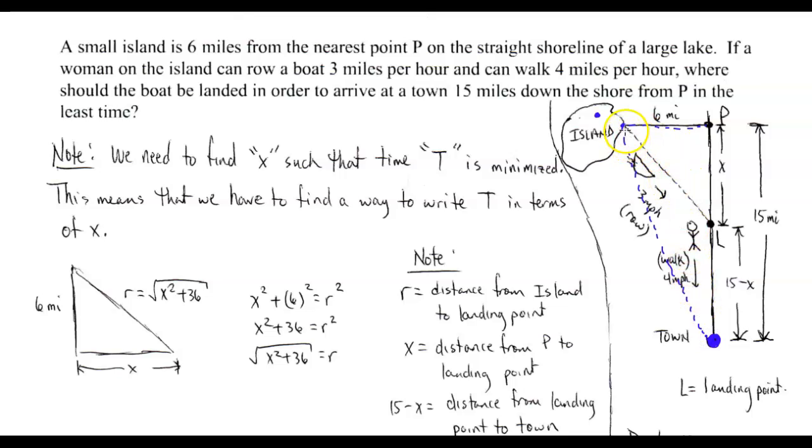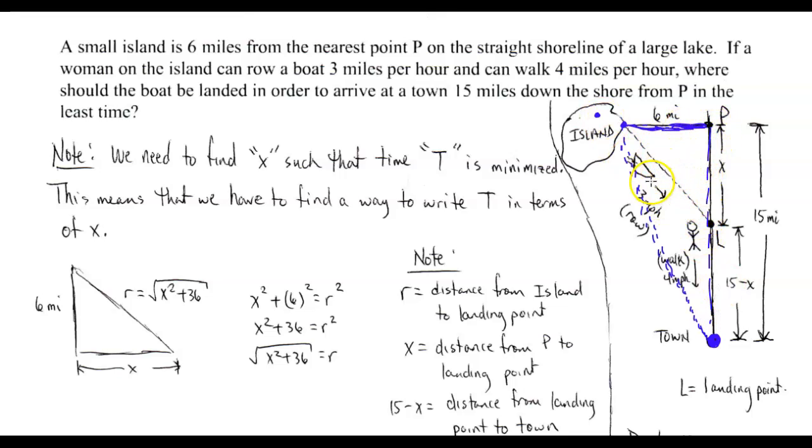If she does that, she's going to be doing all rowing and no walking. Whereas if she does it this way, she's going to row her boat a little bit, but then she has to walk a lot.